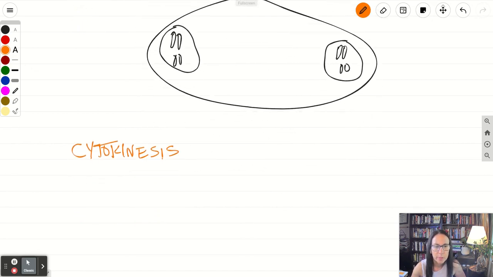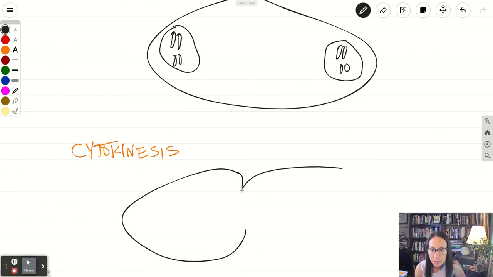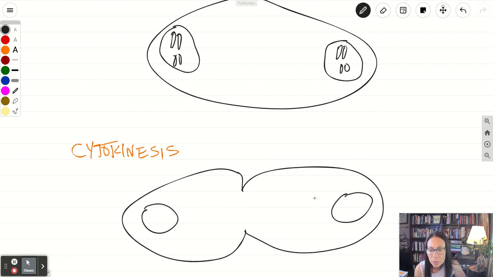Okay, so let me scoot up here. And so this is what that looks like. So as the nucleus is forming, the cell starts to form this cleavage in the plasma membrane. It looks like this, okay? And the cleavage just continues to form until eventually the cell comes apart into 2 cells.